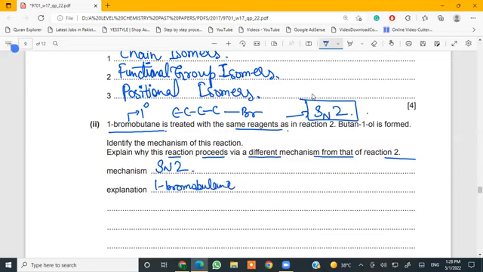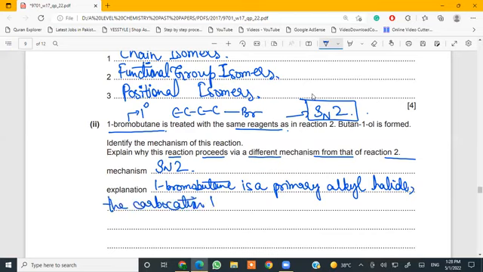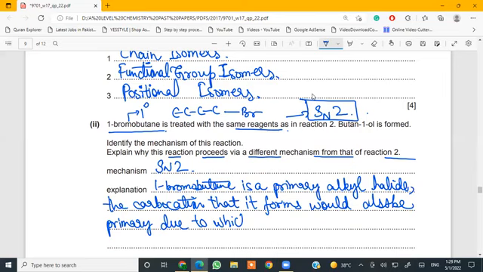The carbocation it will form would also be primary, due to which it will have a low positive inductive effect.